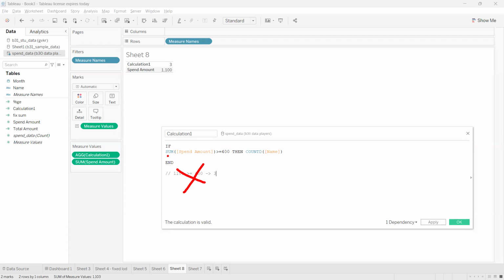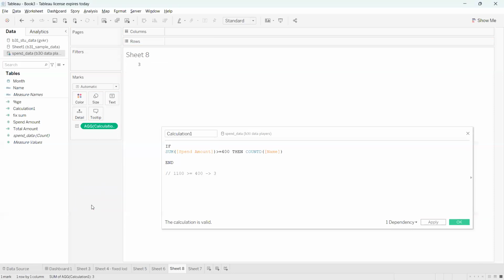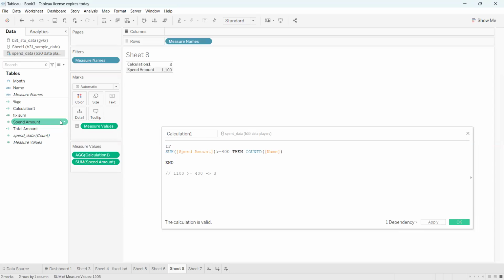You see that Tableau takes the sum of amount directly from the sheet, even though we are not including the sum of amount in the sheet. Tableau assumes what would happen if I include the sum of amount in the sheet. Tableau does this for measures only. By default, all measures are automatically aggregated by Tableau.